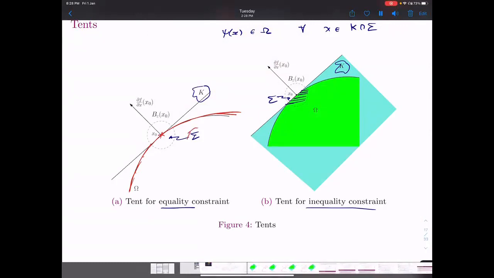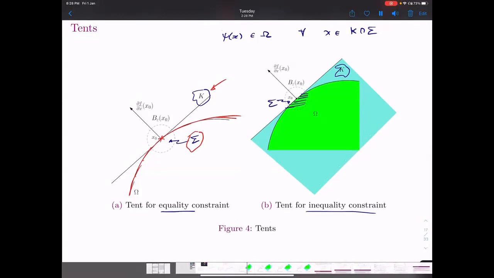Then in order to approximate this set, you use this K, which is the tent corresponding to that set. Now in this second case, this is for an equality constraint. So the omega here arises out of an equality constraint, something like h of x equals 0. That's like a surface, right? And what is meant by a tent is basically something like a linear approximation to this surface close to that point.